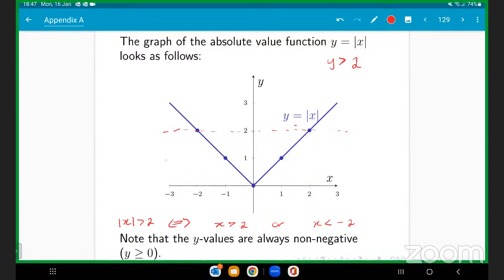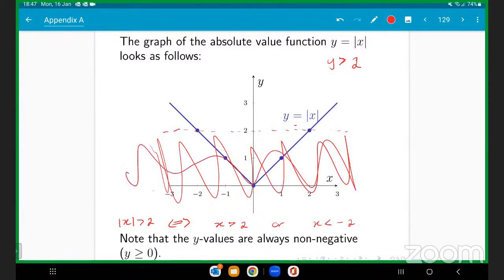So we will shade in below here, and whatever piece of the graph is above this in the unshaded area will be our solution. Remember, this corresponds to x equals minus 2, and this corresponds to x equals positive 2. You see that this graph is only above the shaded area when x is less than minus 2 or x is greater than 2. Once again, you can look at the sketch and obtain all three of those properties. And they are very useful in solving inequalities and equations involving absolute values.